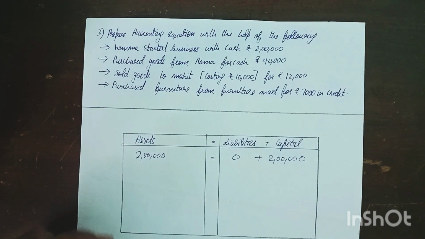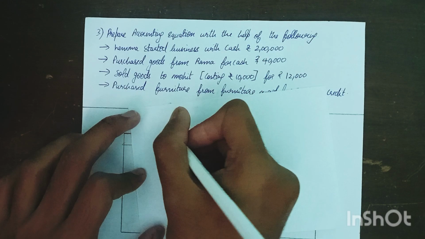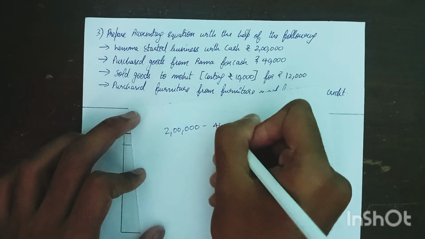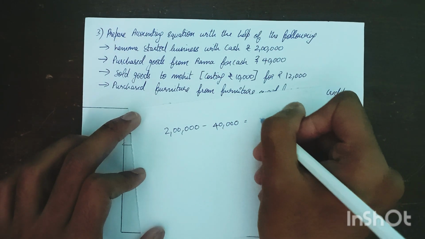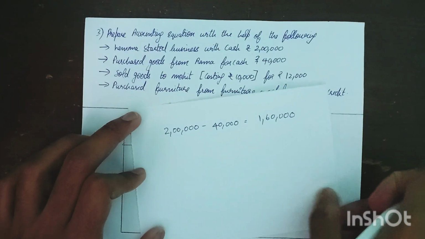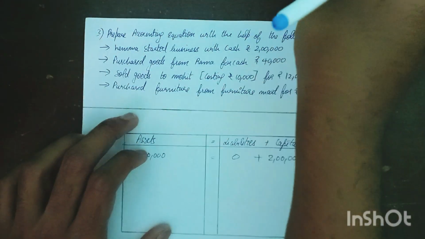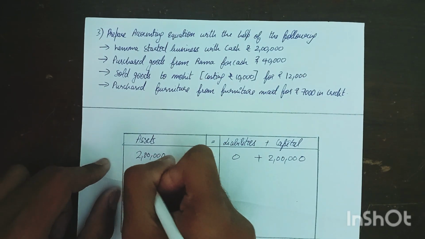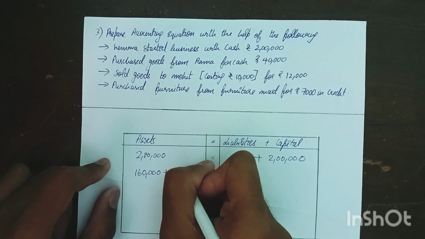First we will subtract 40,000 from 2 lakh. 2 lakh minus 40,000 gives us 1,60,000. Okay. 1,60,000 plus 40,000.